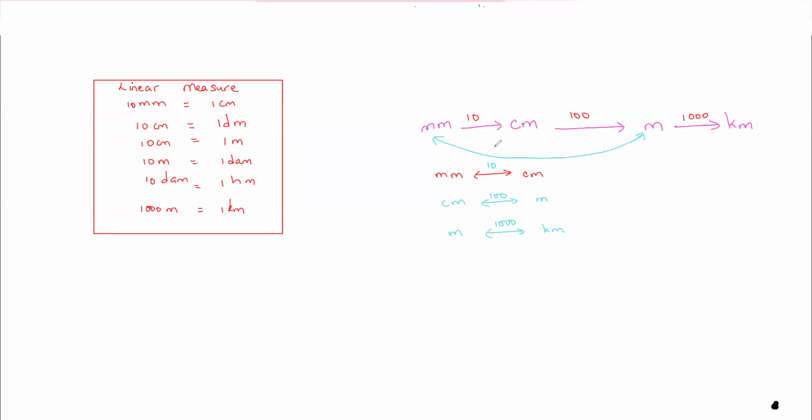So between millimeters and meters, above them we have 10 and 100. When I multiply 10 times 100, that's 1,000 in between them.